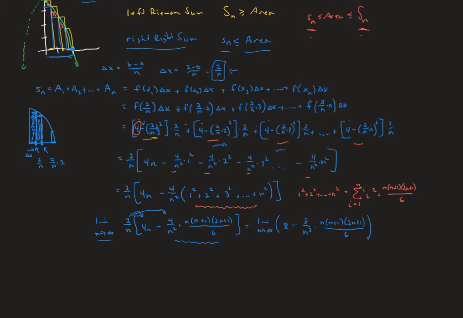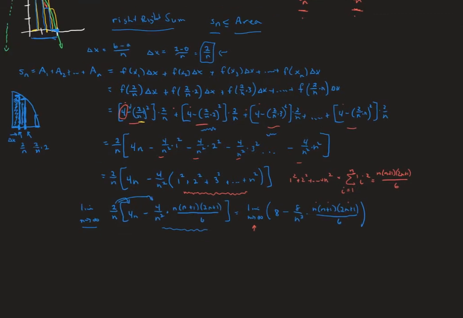Now again, since we're taking this limit as n goes to infinity, what is going to matter in this expression is just the highest power of n and its coefficient.